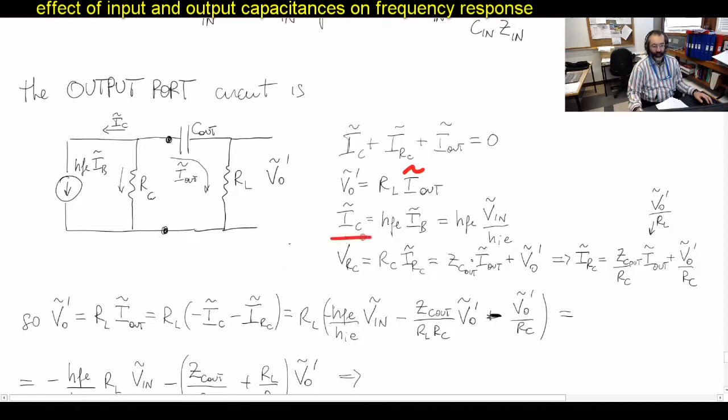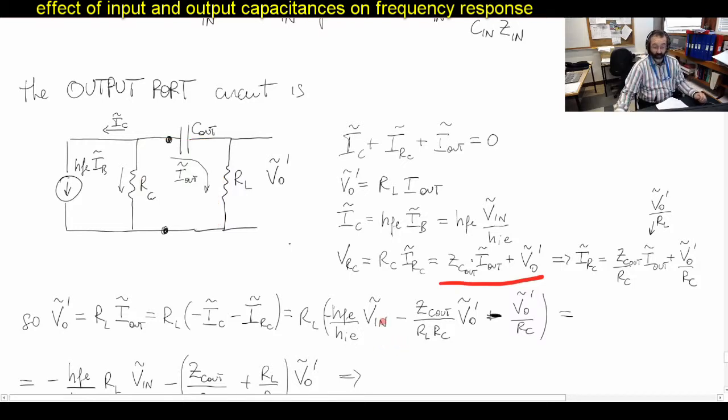And this is what we've seen today, from the relation between IC and IB, based on the simplified hybrid model. And this is just really Ohm's law, and then substituting inside. So VRC is either measured this way, Ohm's law, or measured this way, as you can see, and that's what I've done here.